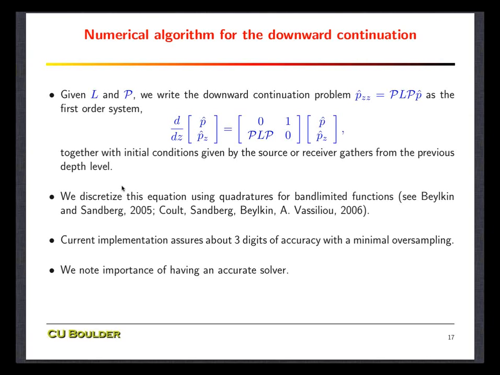The reason for using band-limited functions is that you can significantly reduce oversampling. So with oversampling by a factor of 3 to 4 in the background without singularities, you can propagate, well, with oversampling by a factor of 2 to 3, you can propagate across the ocean, for example.